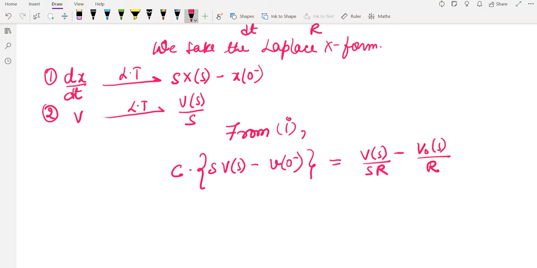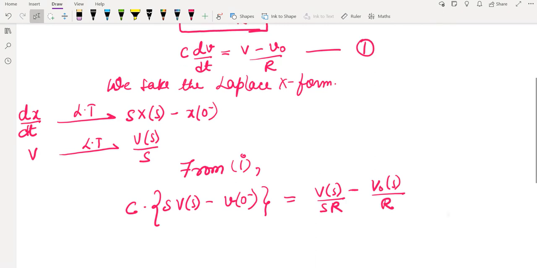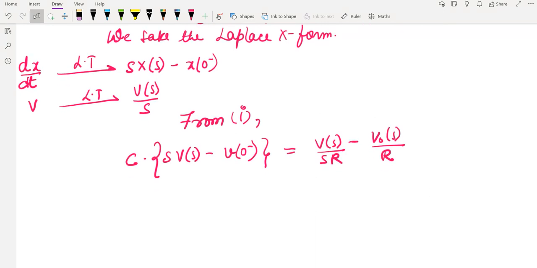One question that would come to mind is, why didn't we consider V0 to be V0 upon s? That is because it is not a step signal. It is not a constant, it is changing with time. So that is why we are not taking V0 upon s.